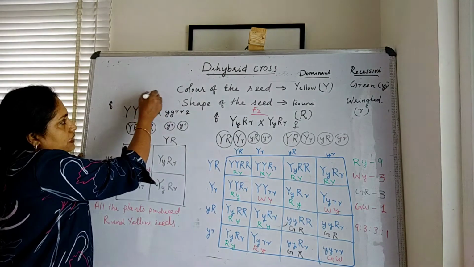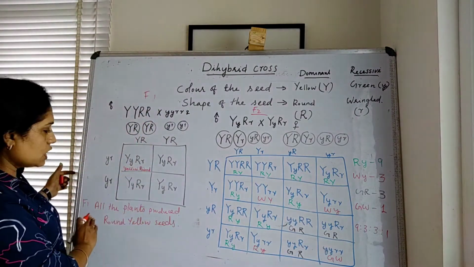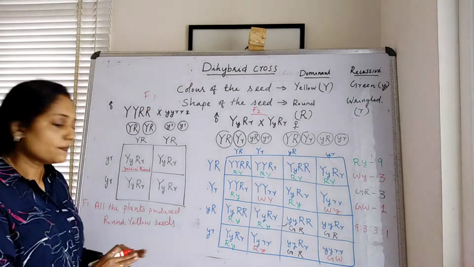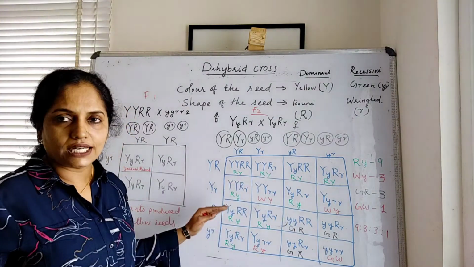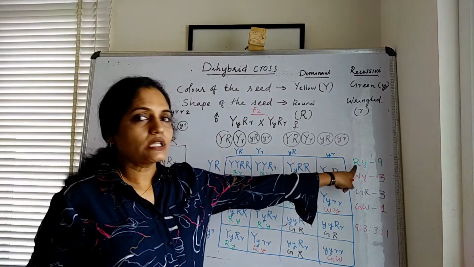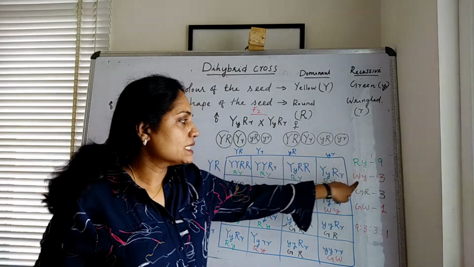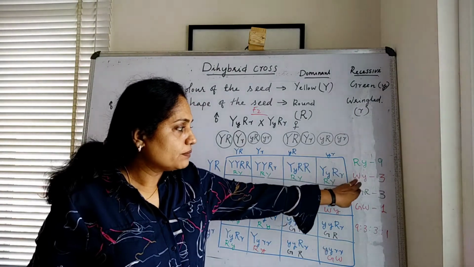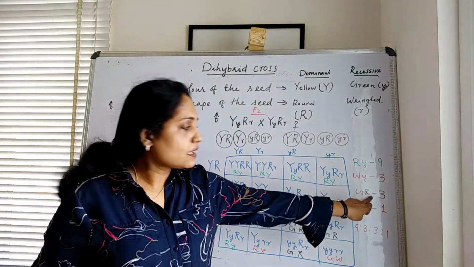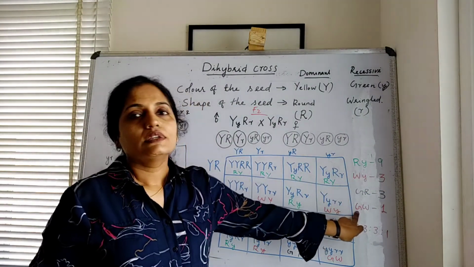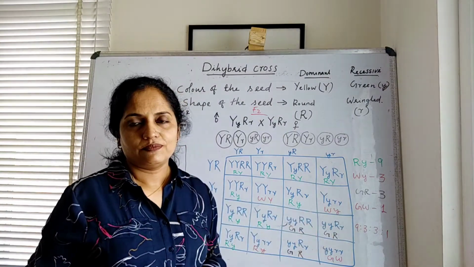This one is F1 generation. In F1 generation, all the plants produced round and yellow seeds. But in the case of F2 generation, 9 of them produced round and yellow seeds, and 3 of them wrinkled and yellow, 3 of them green and round, 1 wrinkled and green.